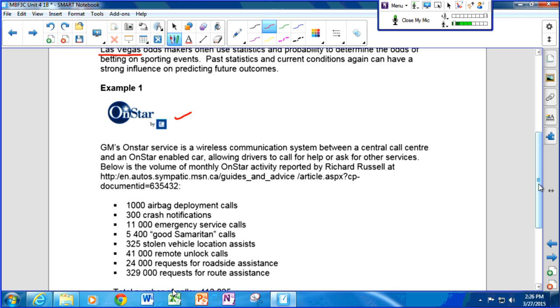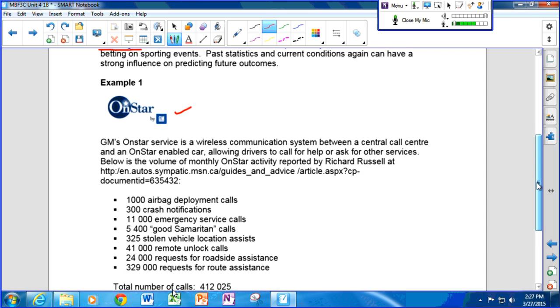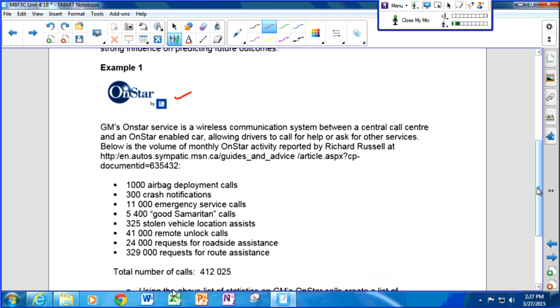Basically, it's like a cell phone, so maybe it doesn't work so much up north, but down south where there's cell towers just about everywhere, the vehicle has a way of making a data call to General Motors, OnStar headquarters, to explain what's going on. There's some emergency going on with the vehicle, right?